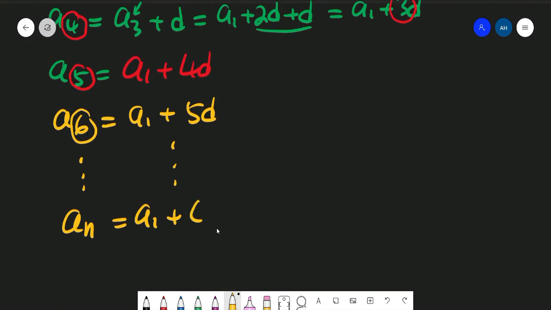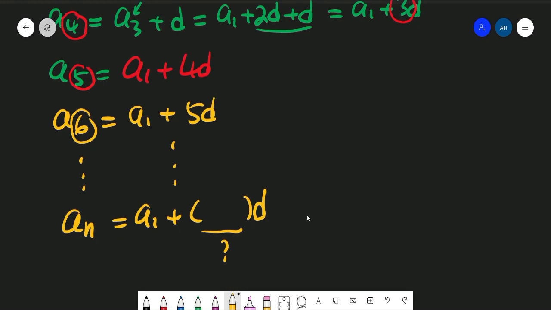Now what is the term in this bracket? At the end here we have the bracket multiplied by d. What is in this bracket here? When it is 6, it is 5. When n equals 5, the number here is 4. Reduce 1. Now, what is this number in this bracket when we have n up here?